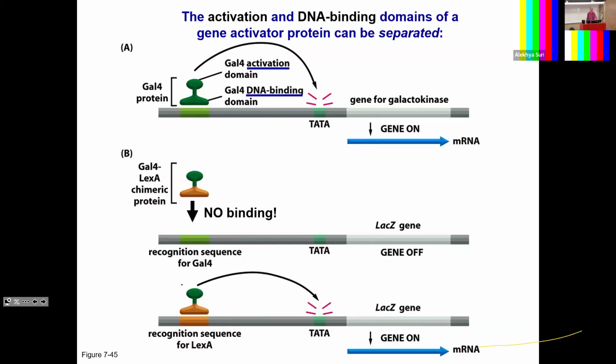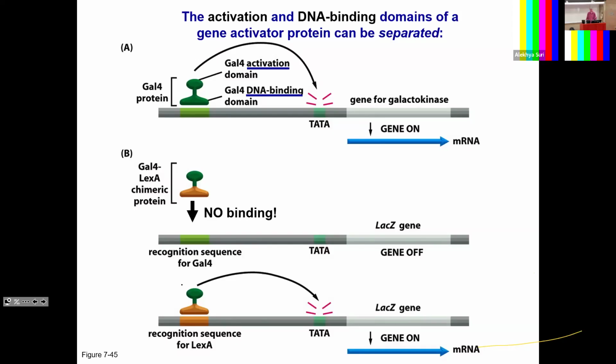So if you exchange the DNA binding domain on the transcription factor and the DNA sequence, then you would get binding. What you see here at the bottom, you would see binding of this hybrid protein.